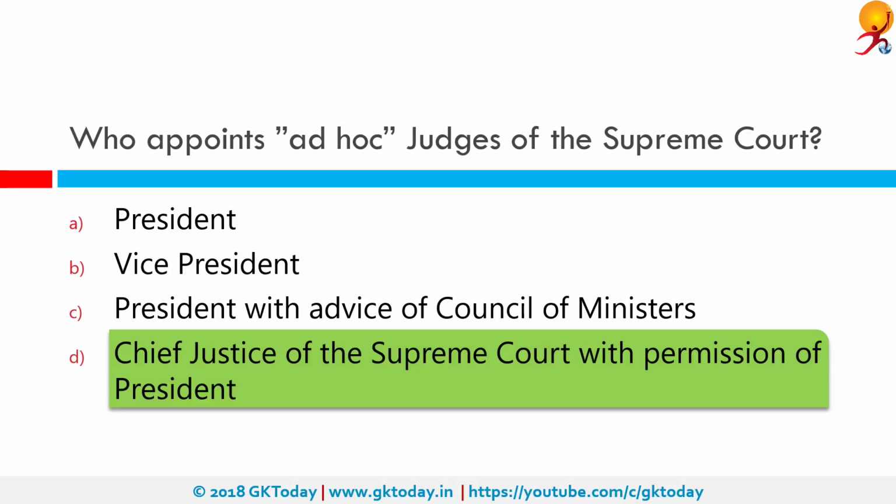The salary and allowance of such a judge is decided by the President. The retired judge who sits in such a session of the Supreme Court has all the jurisdiction, powers and privileges of the judges but is not deemed to be a judge.